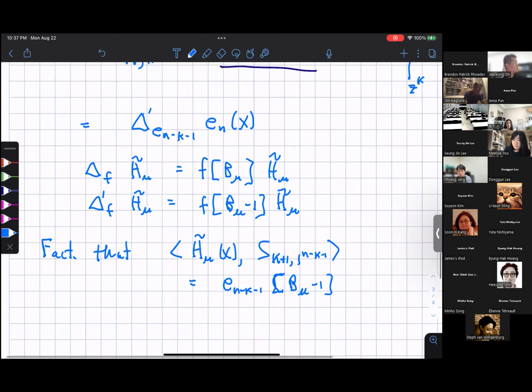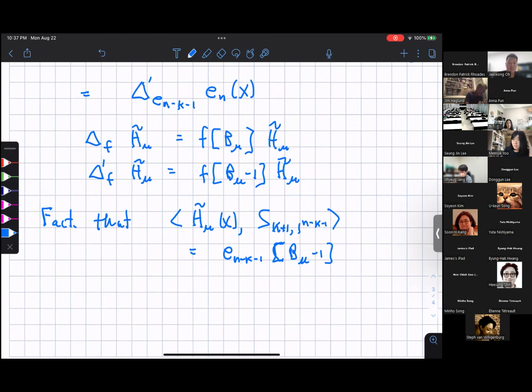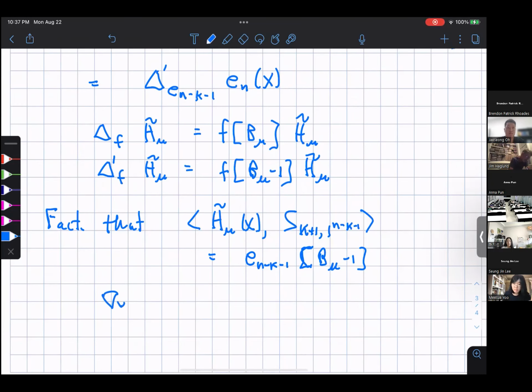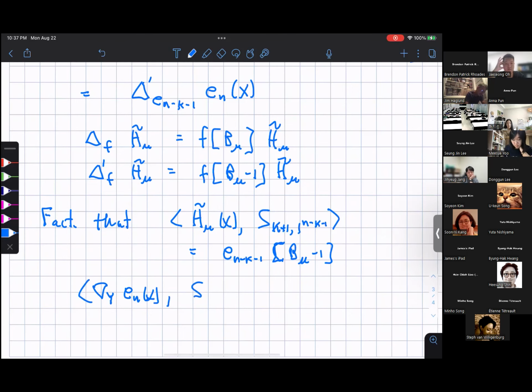the upshot of this is that if you take Nabla y applied to En of x, and you take the scalar product with a Hookshire function, say in the y's, that will be the same as doing delta prime E n minus k minus 1 applied to En of x.